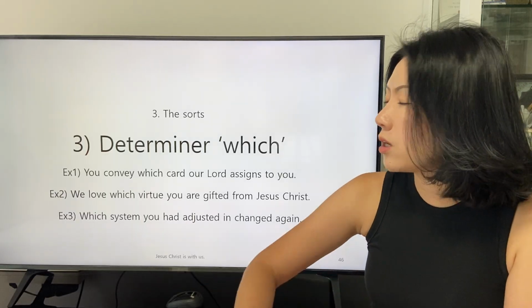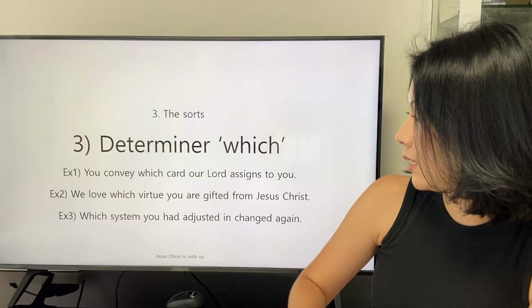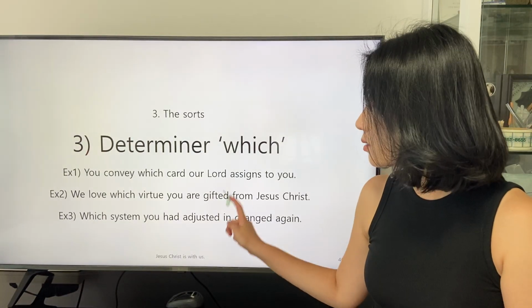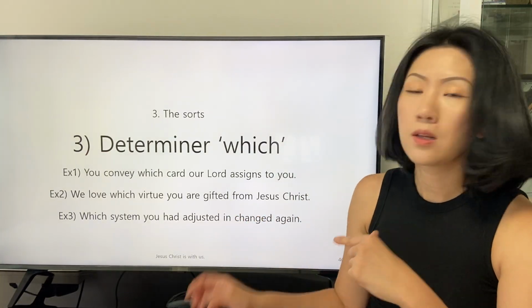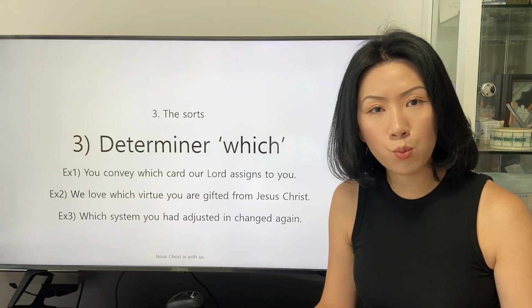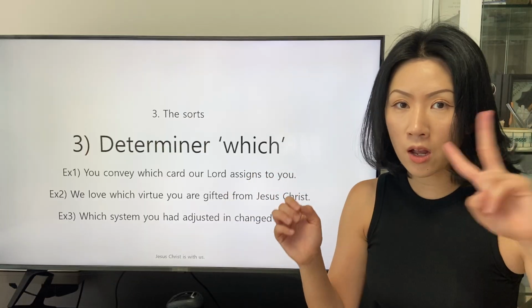In the subordinate clause, the phrase of the general noun, which virtue, is the object of the subjective complement by the second transitivity. It has been a while since we mentioned this term, the second transitivity.